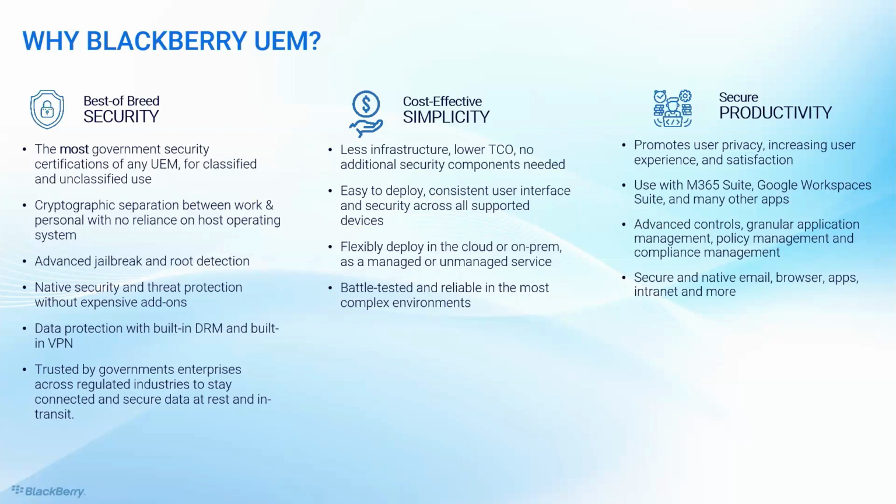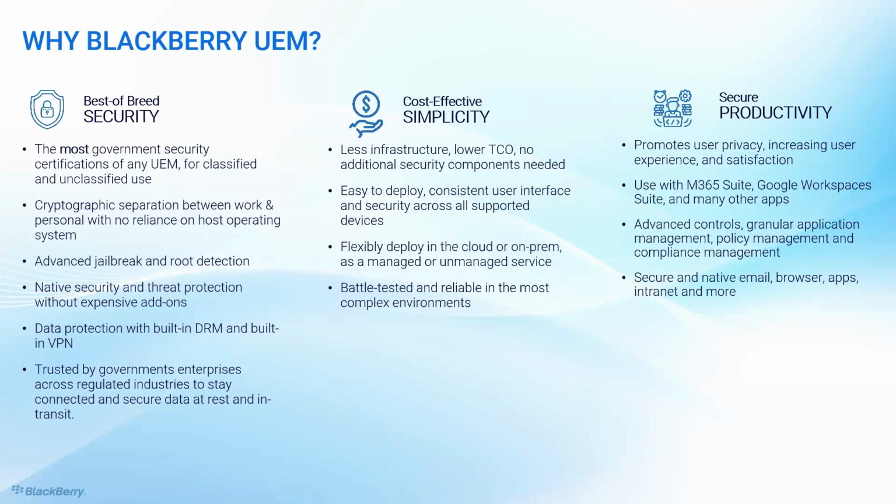This data protection and the built-in DRM, all without the need for a separate VPN. Because the BlackBerry infrastructure is trusted through our BlackBerry NOC over many years of innovation and partnership, we're able to operate our UEM without needing to put all of our personal and work data and all the organizational data behind a VPN and living on the public internet. We know that a threat actor is going to try to move laterally throughout an organization, and they're going to find the smallest little crack on the public internet to try to go in and do their nefarious activities.